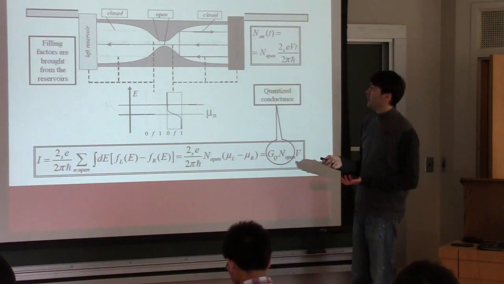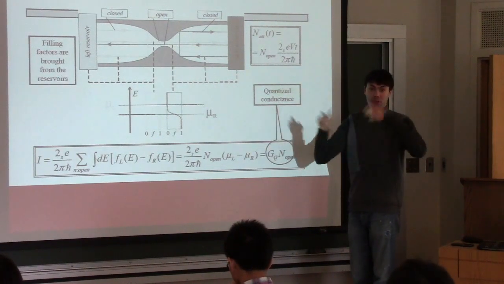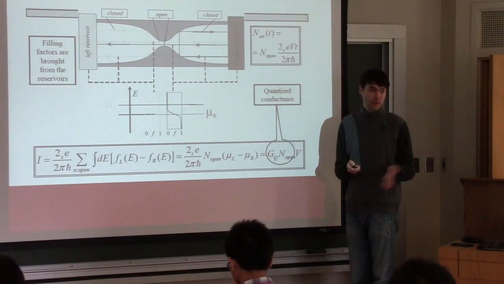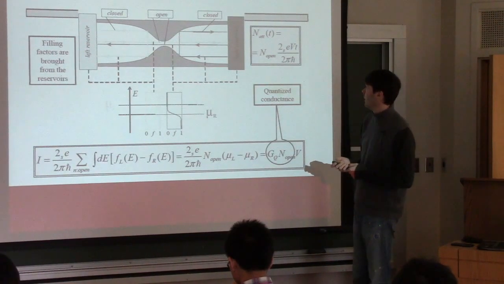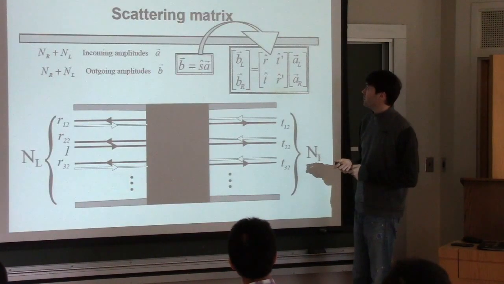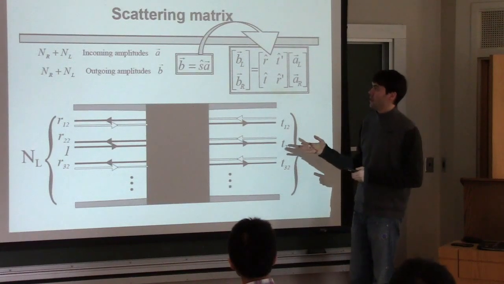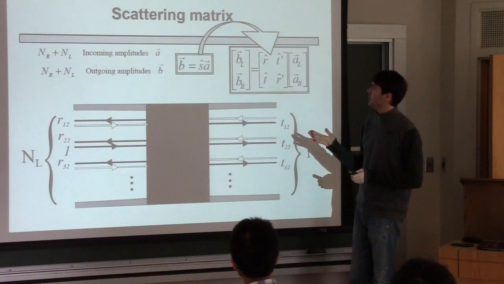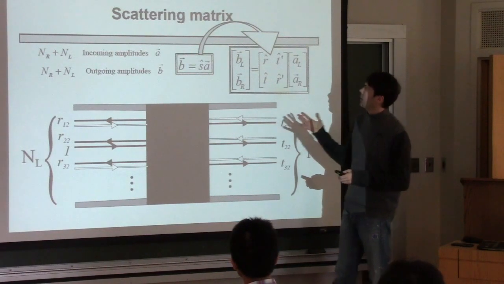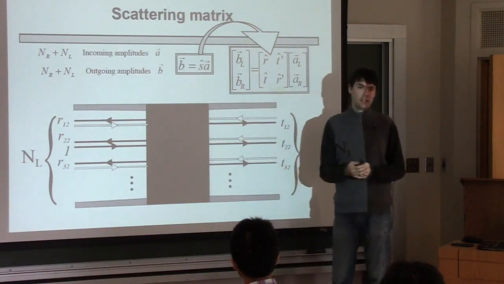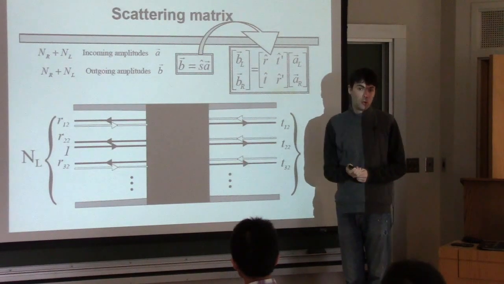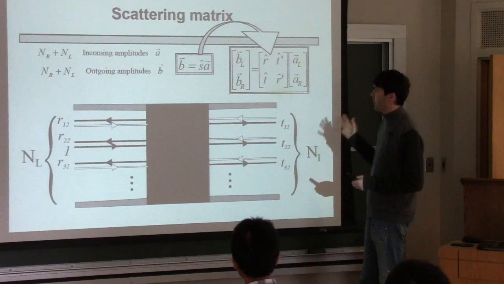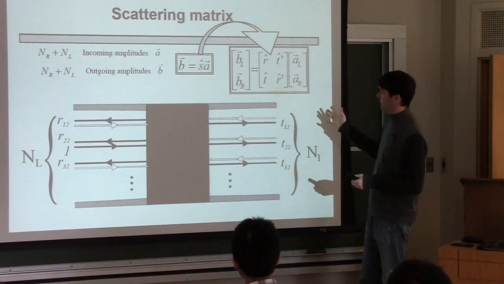And in fact, we can derive a full theory of quantum transport based just on counting channels going through. That approach can conveniently be called a scattering matrix approach, but it's also known as the Landauer-Büttiker formalism of quantum transport. So there are different names, but the idea is like that.